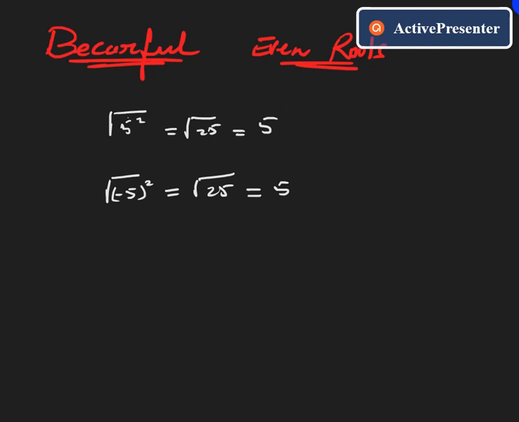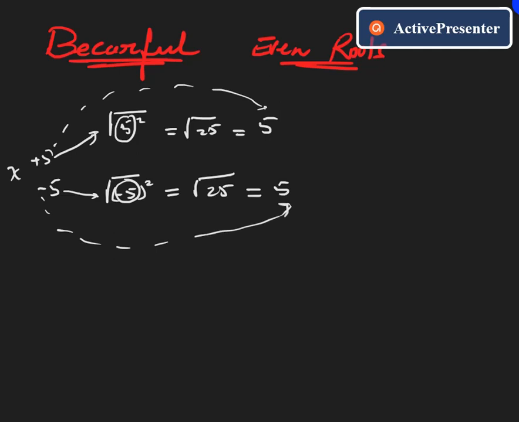So when we say this is x, x can take plus 5 and minus 5. In case of plus 5, the answer is 5, and in case of x being minus 5, our answer was also 5.